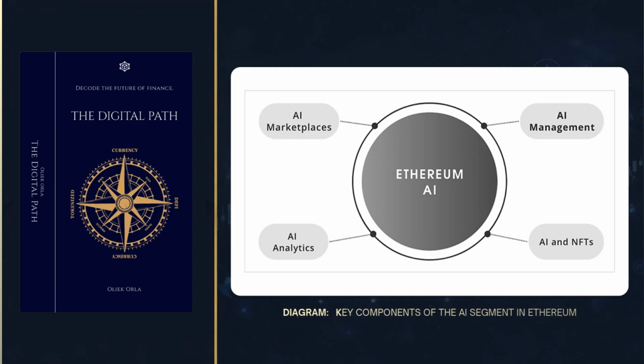This enables the development of models where access to data, computational outputs, and rewards for algorithmic performance are distributed openly, with a strong emphasis on security and privacy. This fundamentally distinguishes Ethereum's approach from traditional centralized AI platforms.